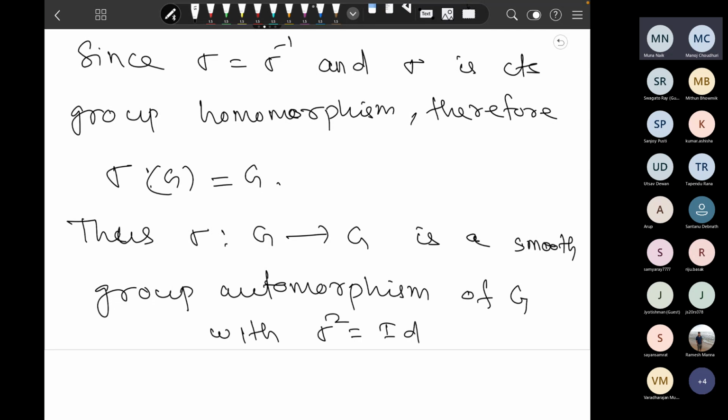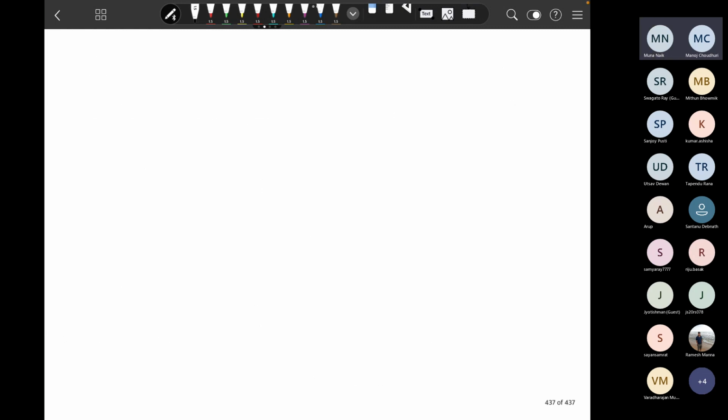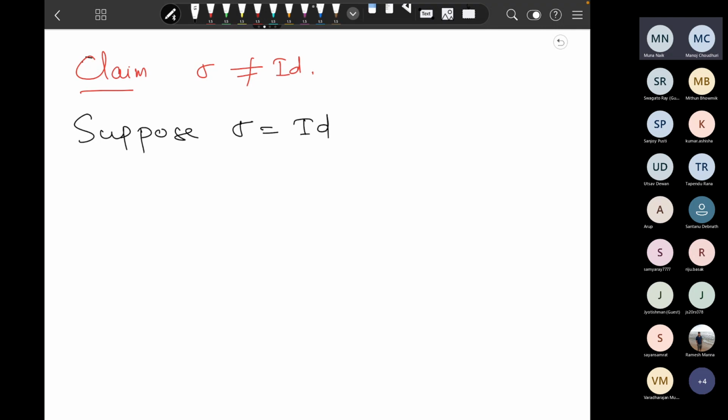Claim: this sigma is an involution. Okay, so claim sigma is not equal to identity. Suppose sigma is equal to identity. That means sigma of g is equal to g for every g belonging to G. Okay.